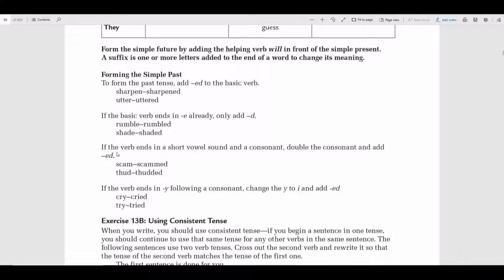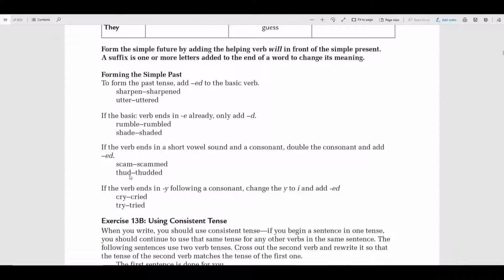If the verb ends in a short vowel sound and a consonant, double the consonant and add ed. Like scam, you have a short vowel and a consonant, am or ud. When my kids are little, I call these word families: am, ud, at, it, whatever those are.